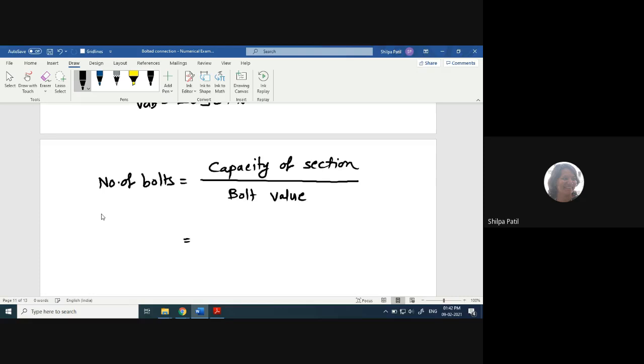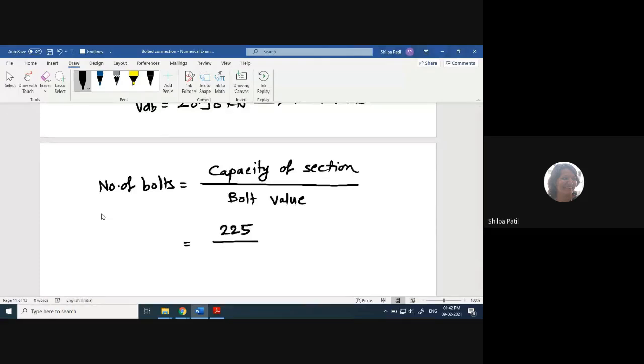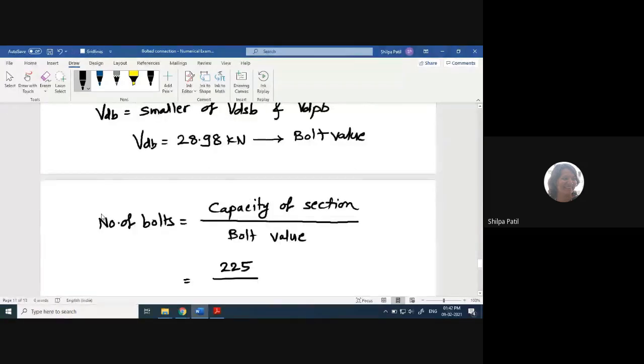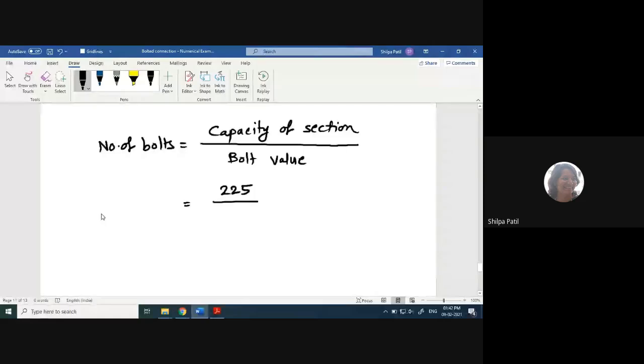So what is the capacity of the section? 225 kilonewton. Divided by the bolt value we just calculated, 28.98, gives 7.76.